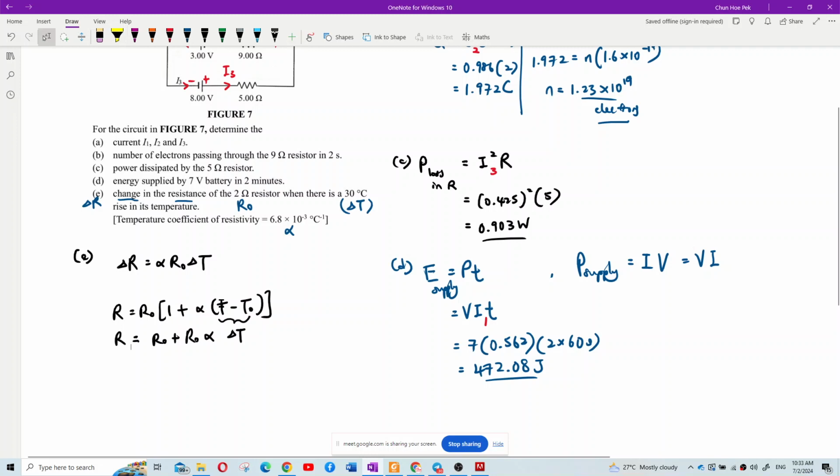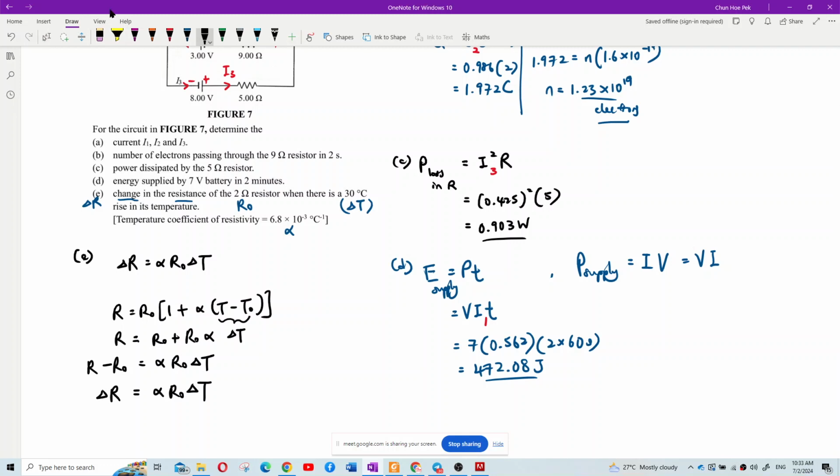Then R naught goes to the other side, R minus R naught equals alpha R naught delta T. So R minus R naught is delta R, like T minus T naught is delta T. So here you get delta R equal to alpha R naught delta T. Do you see that, class? That's the formula. Change in resistance is this formula.